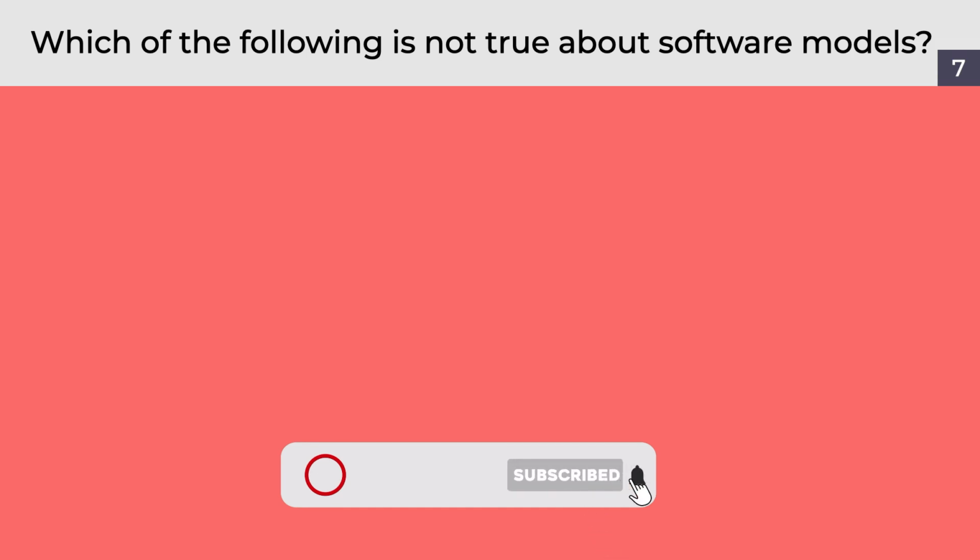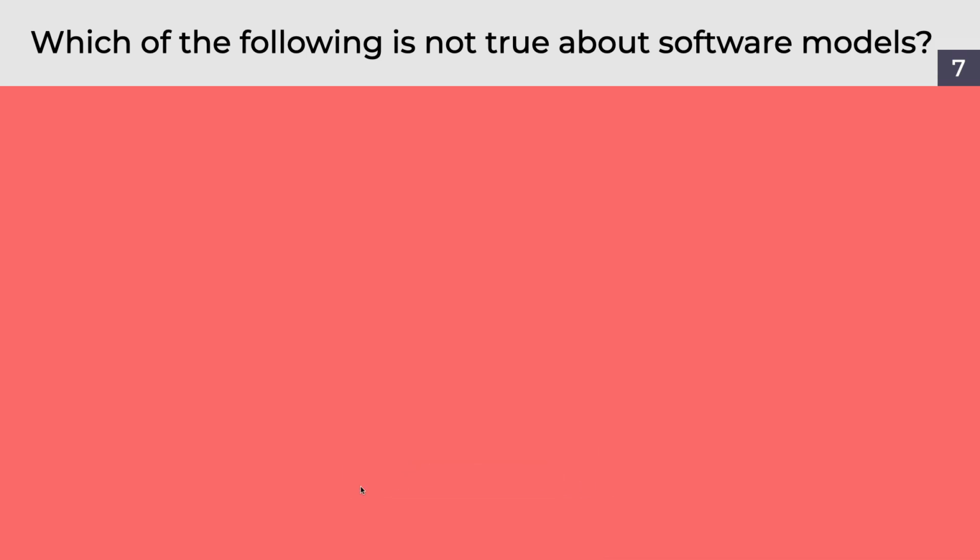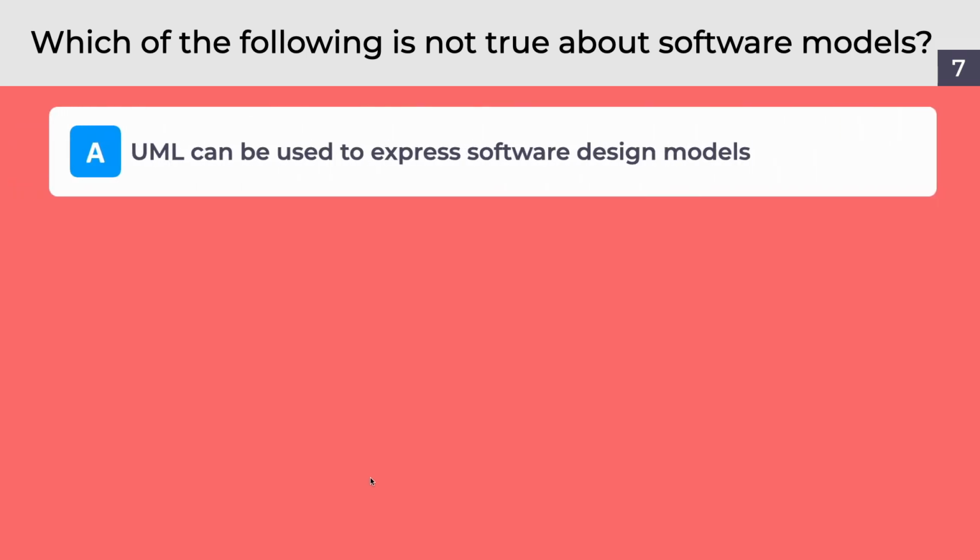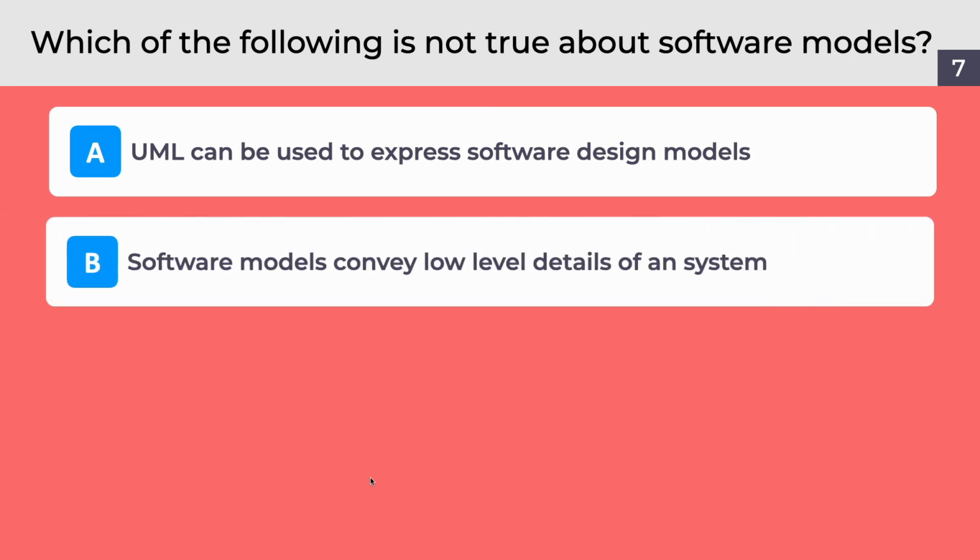Question number 7. Which of the following is not true about software models? Option A, UML can be used to express software design models. This definitely is true. So we can express software design models using UML.